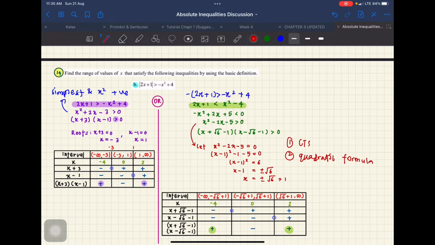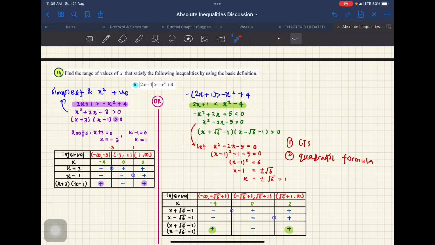Dalam case ini saya guna CTS dekat sini. Kalau awak nak guna quadratic formula pun boleh, tak ada masalah. I think it's easier. But before you use either one of these two methods, you need to let it equal to 0 first.